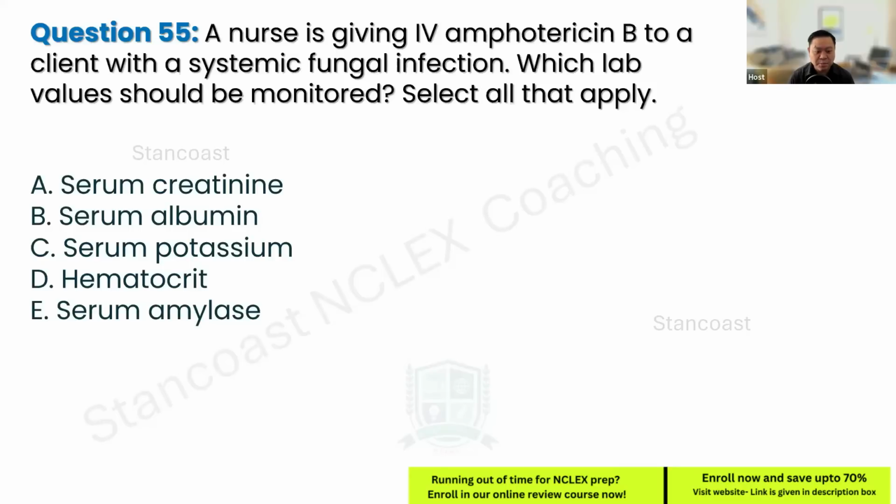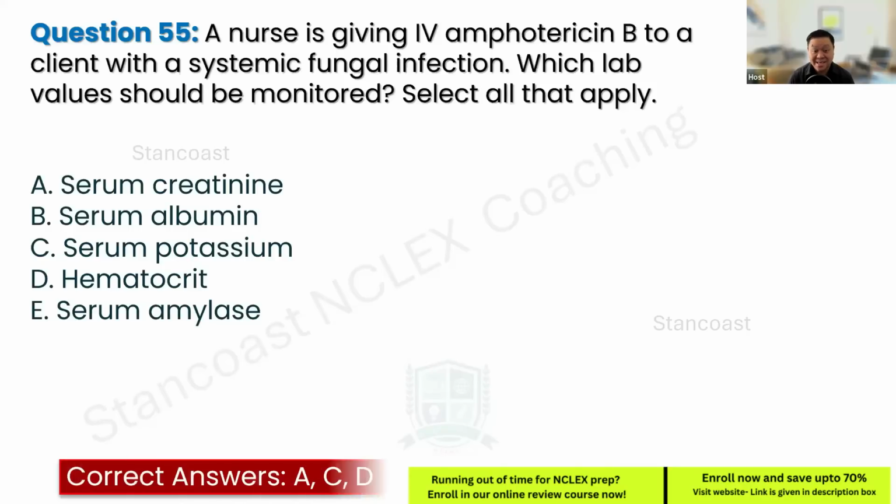Your answers should be letters A, C, and D. Letter A is correct because amphotericin B can cause nephrotoxicity. So we need to pay attention to the kidney function, and we need to monitor the patient's creatinine levels periodically.